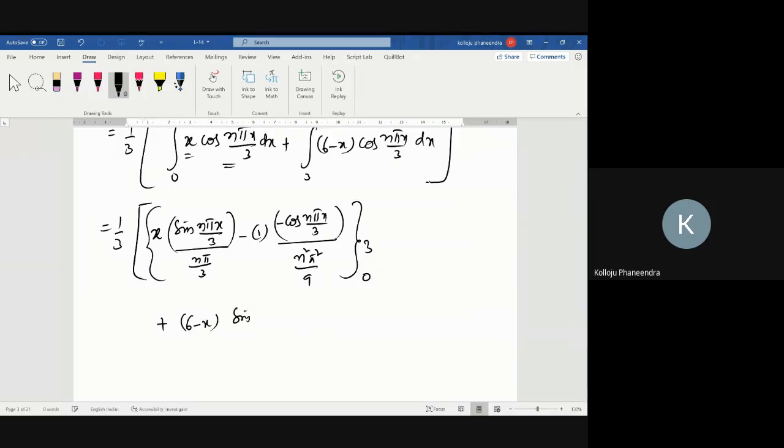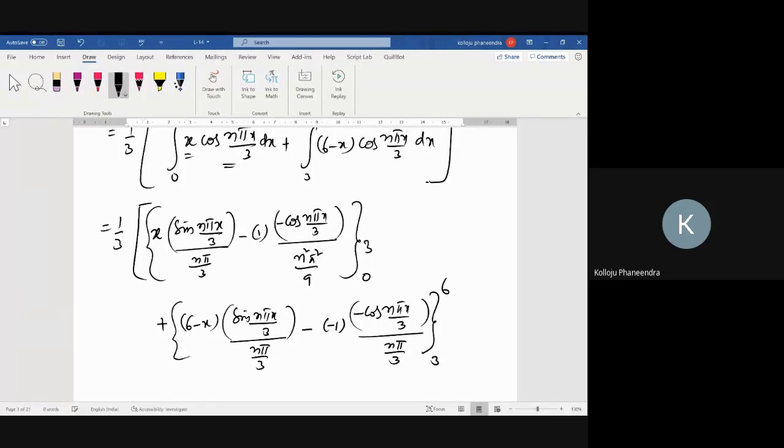This is sine n pi x by 3 by n pi by 3. Minus, 6 minus x derivative is minus 1, and minus cosine n pi x by 3 by n square pi square by 9. This entire between 3 to 6. Okay, and this whole bracket closed.